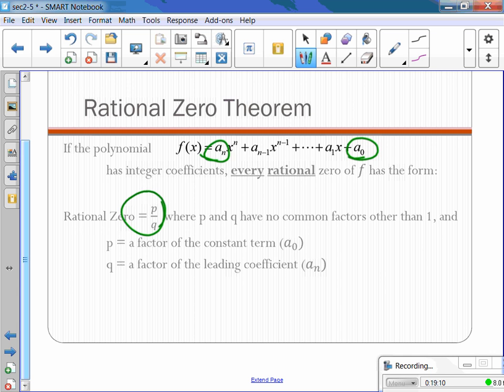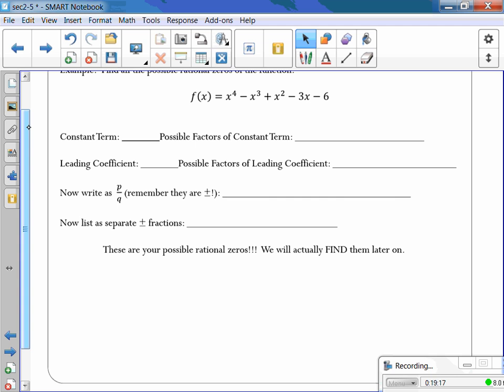So if we have f of x equals x to the 4th minus x cubed plus x squared minus 3x minus 6, what is my constant term? -6. And what are the factors of that -6?